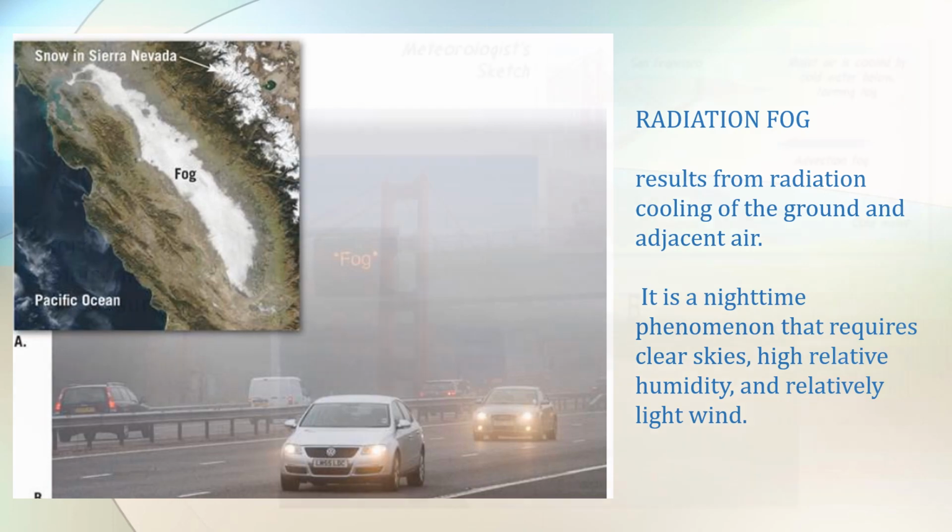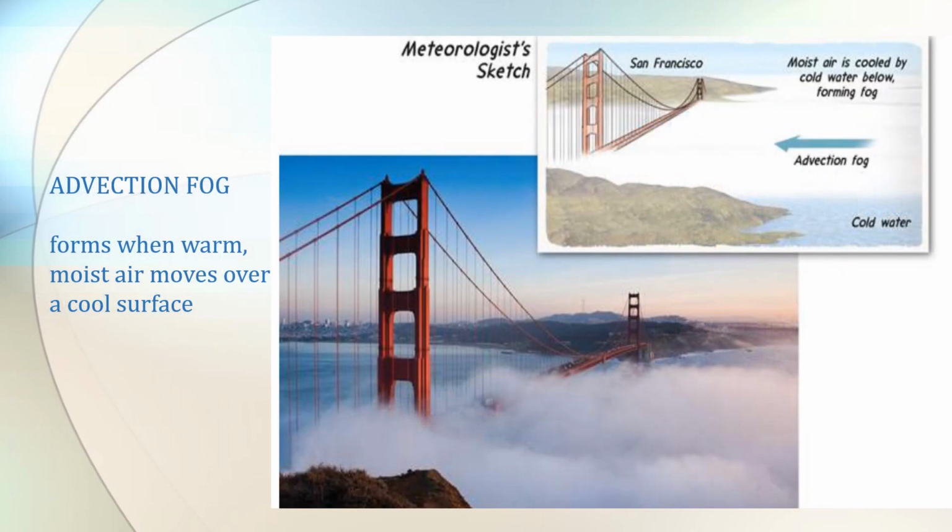Next to it is the advection fog. As you can see in this meteorologist's sketch, there is moist air that is cooled by cold water below that forms the fog. So that's why it's called advection fog. It is formed when warm moist air moves over a cool surface.